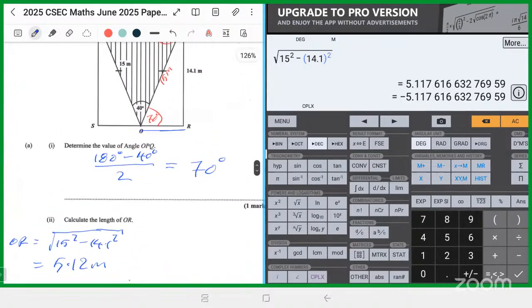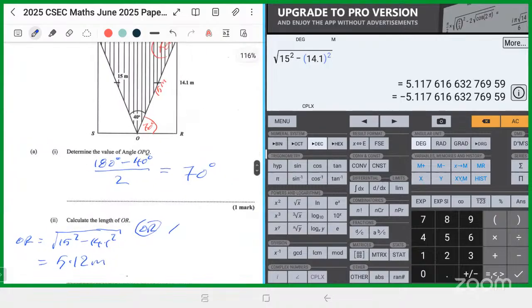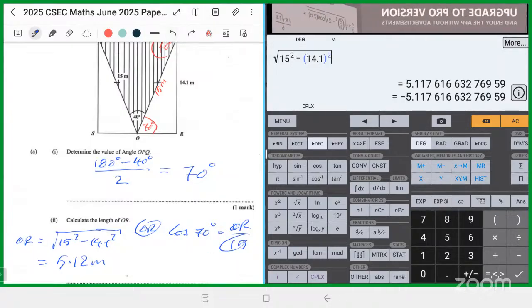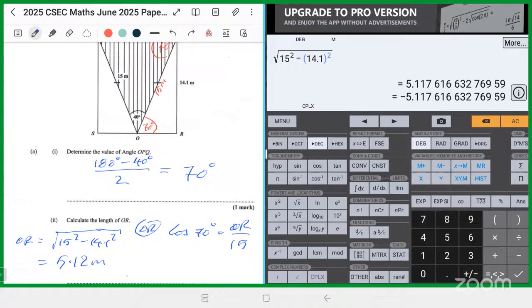Let's use the angle now. This is adjacent to the angle, so I want to say cos of 70 degrees is adjacent OR over 15. Let's take this 15 and multiply it here. We're going to get that OR becomes 15 times the cos of 70 degrees.